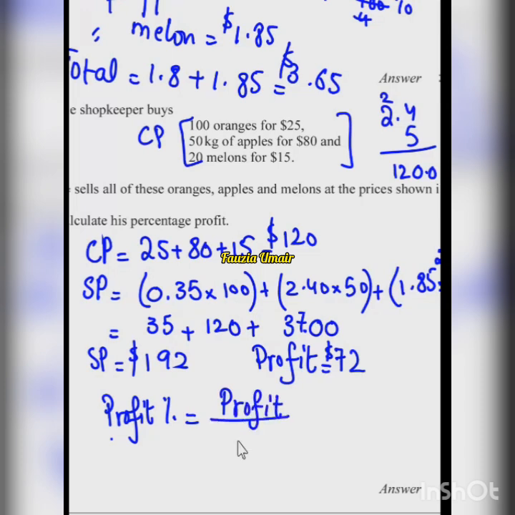Very right. Profit by cost price multiplied by 100. So we know all the values now. Profit is $72. Cost price is 120 and multiplied with 100. This 10 can be cancelled. 12 5s are 60, 12 6s are 72. So 60% profit he is getting.